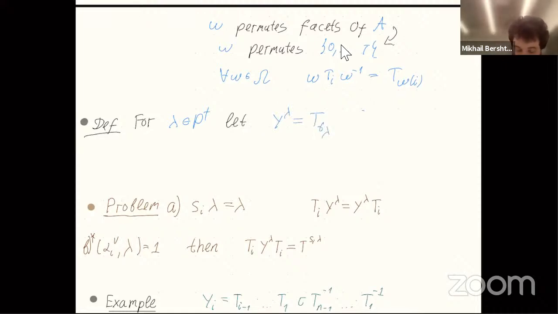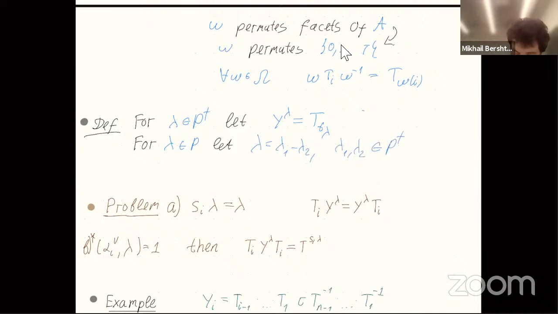And for lambda in P, let us write it as the difference lambda 1 minus lambda 2, where lambda 1, lambda 2 belong to P plus.